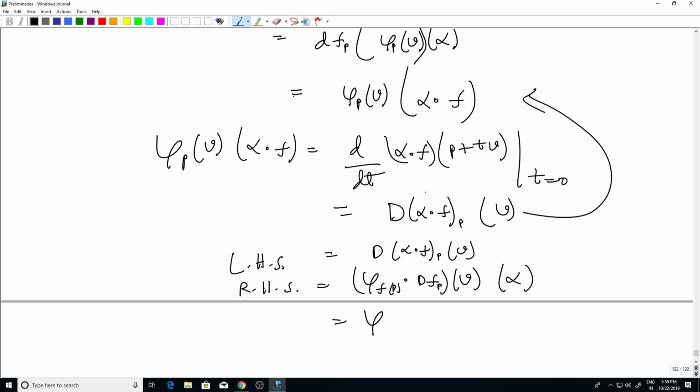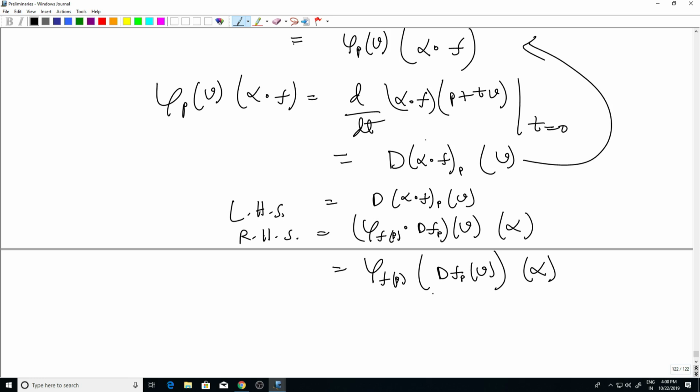This is phi of f of p, dfp acting on v, acting on alpha.